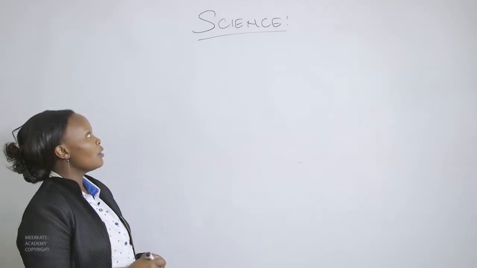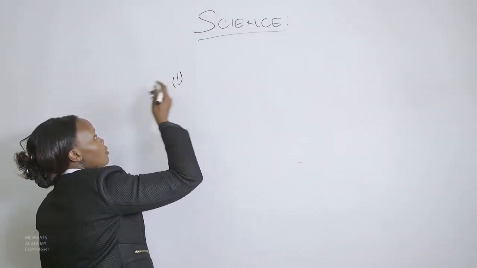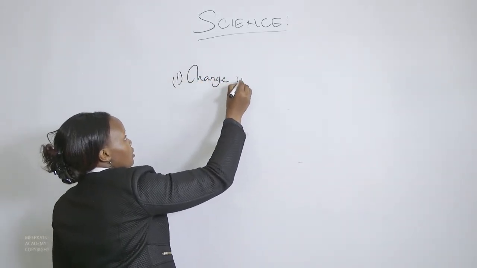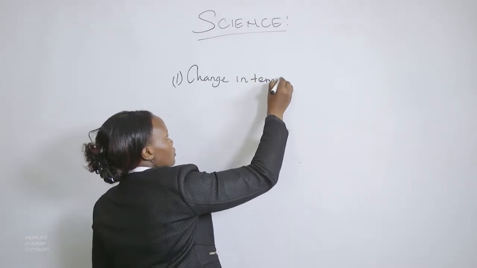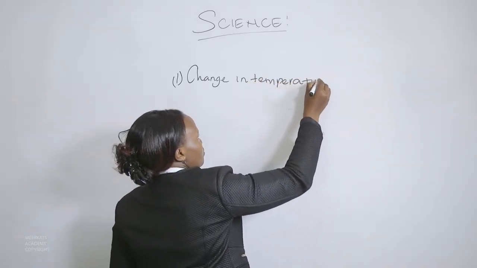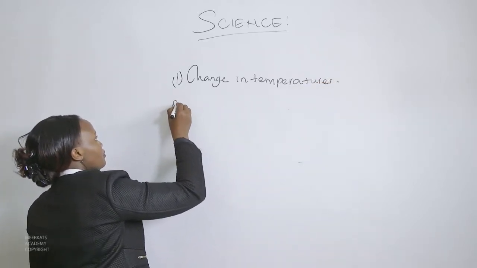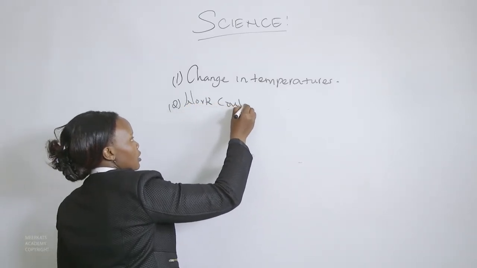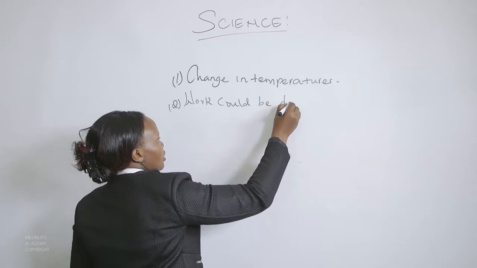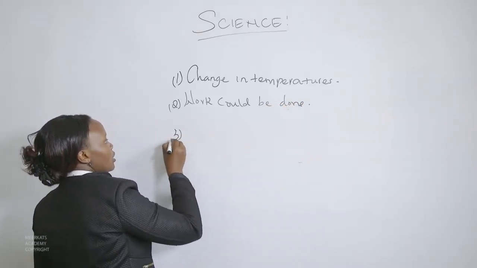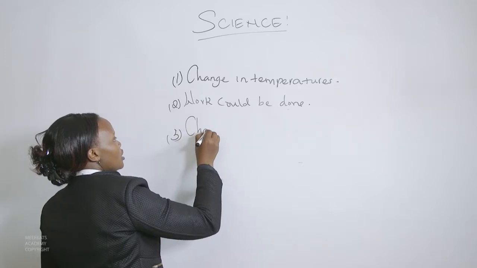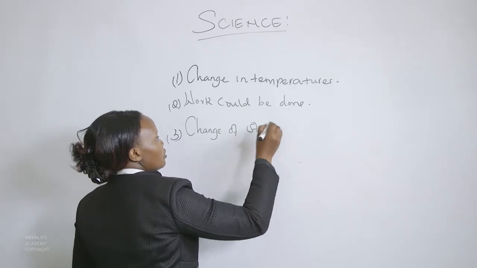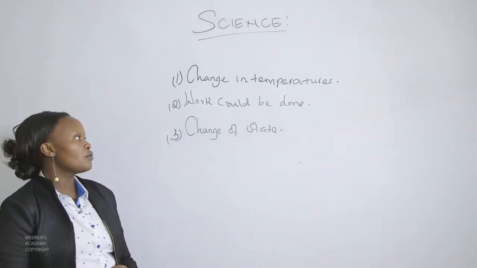Now, number one, we said there could be change in temperature. Number two is that work could be done. And number three is that you can achieve change of state.